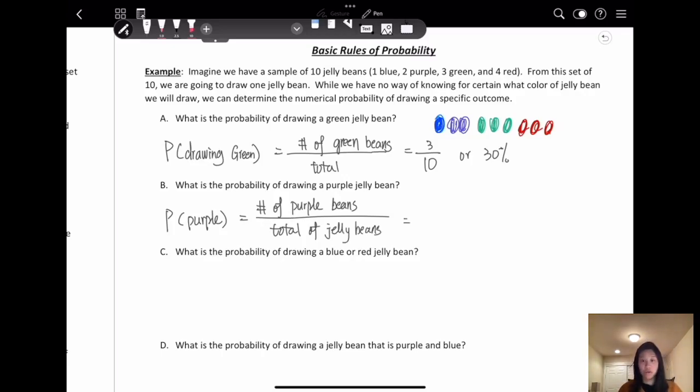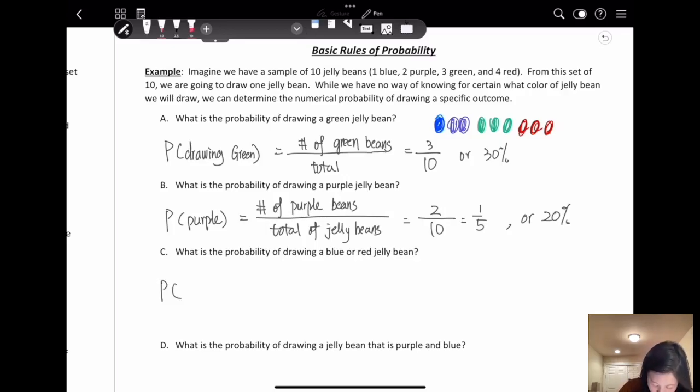There are 2 purple jelly beans out of 10. But this is not done. When you do it on Open Math, you need to reduce to the simplest form, which is 1/5. Or you can write it as 20%, or 0.2, either way.